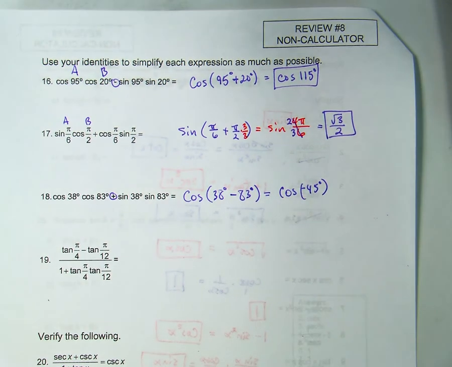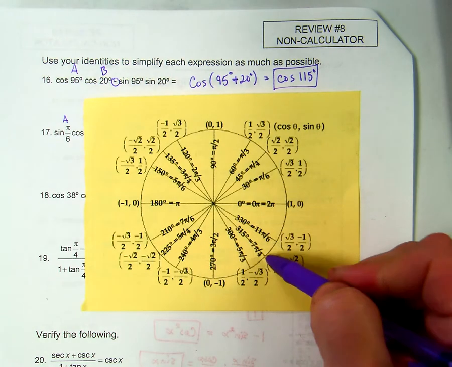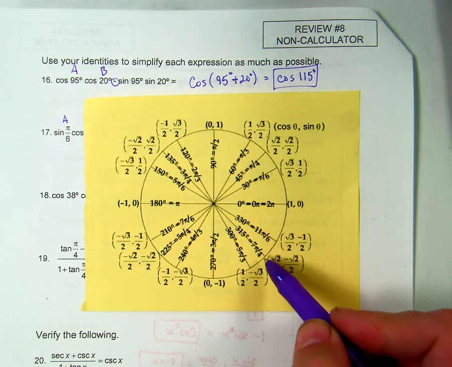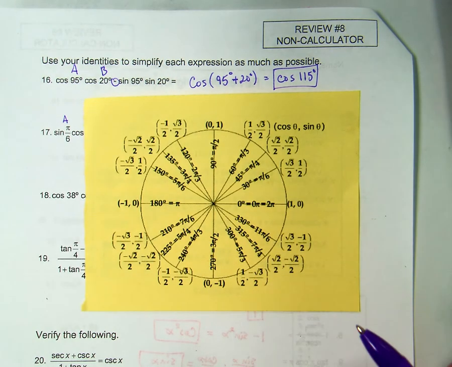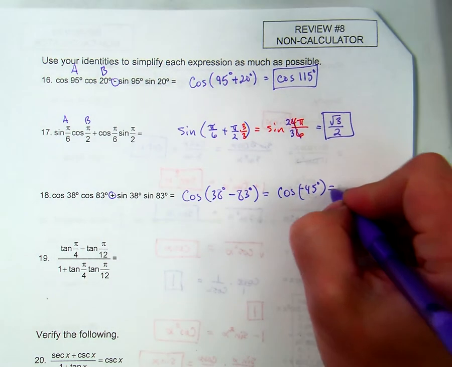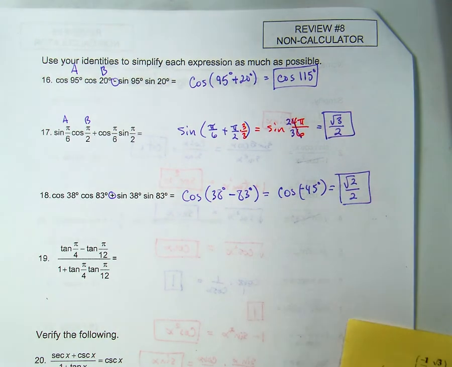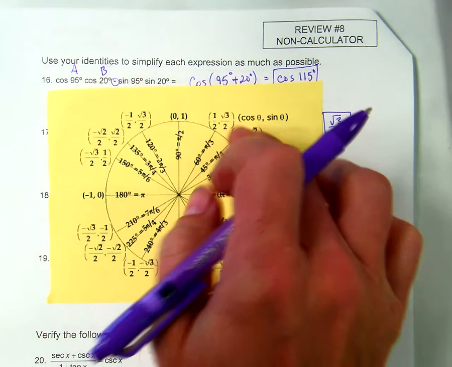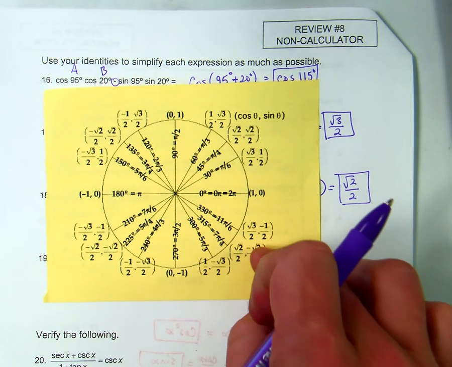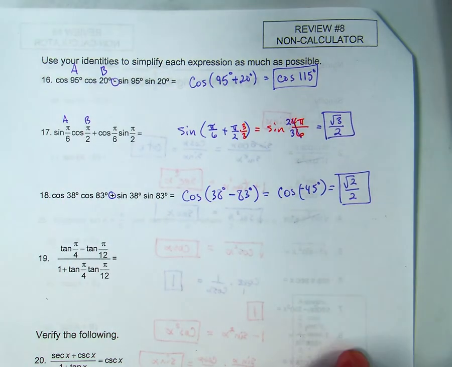All right, and negative 45 degrees, again, using our unit circle, we come back around here. Negative 45 degrees is at 7 pi over 4. It's the x value when we deal with cosine. So this is simply a positive square root of 2 over 2. Positive because of the all-star trig class. This is for cosine being positive in that quadrant. Don't forget your all-star trig class trick to keep your positives and negatives correct there.